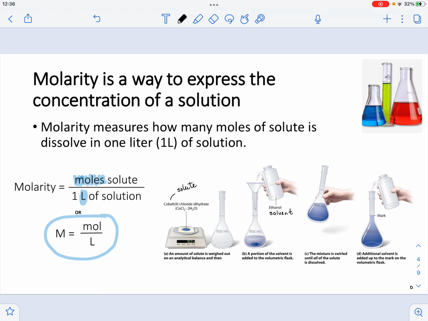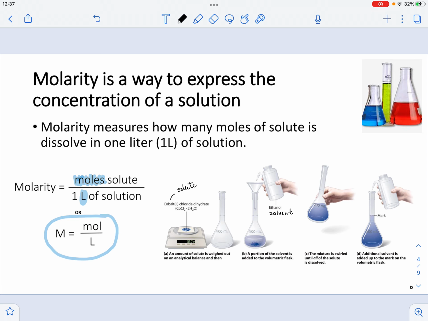Then additional solvent is added up to the mark of the volumetric flask, which is the device utilized to measure volume. And that's how we made the solution. But as you can see, this is just illustrating how to prepare a solution, and it's not telling us the concentration of the solution. But the information for us to calculate the molarity of the solution has been given overall.